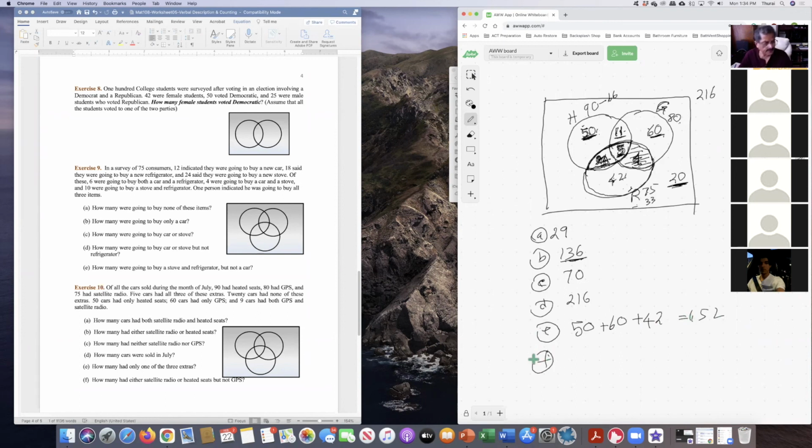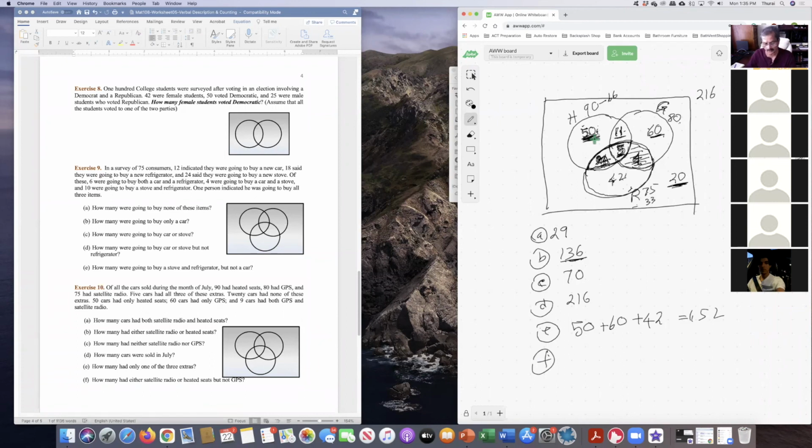Part F is how many had either satellite radio or heated seat, but not GPS? So it's the union of these 2 circles, H and R. No, it says either satellite radio or heated seat, but not GPS.